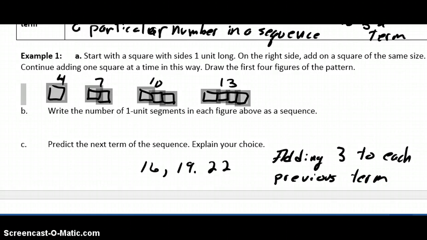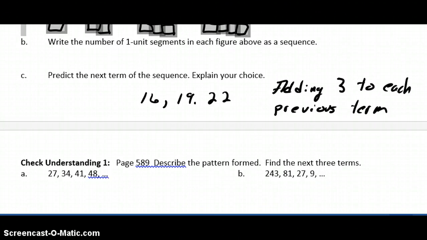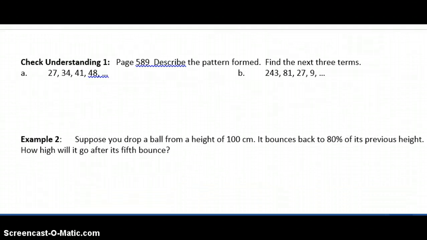Okay, I think that's fairly clear and fairly obvious. So take a moment and do the check understanding. Just find the next 3 terms for check understanding A and B.